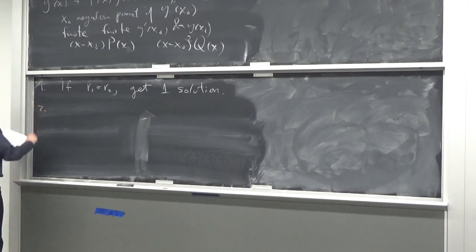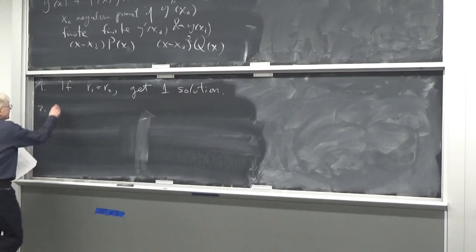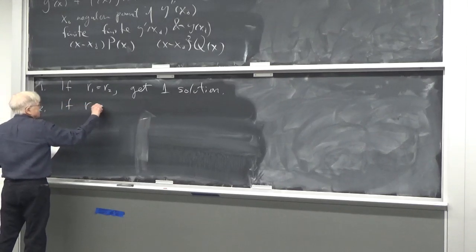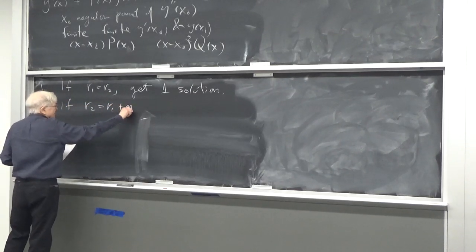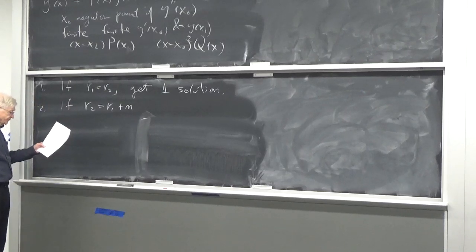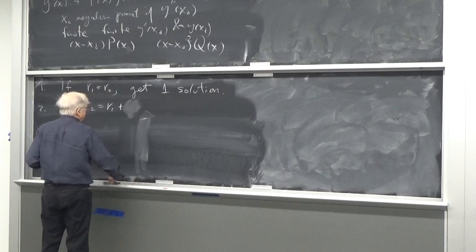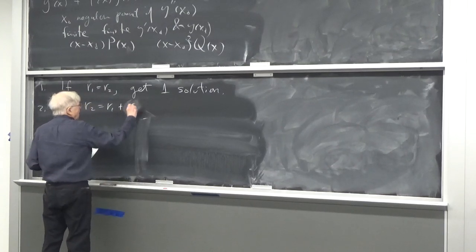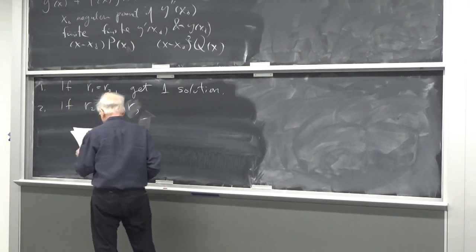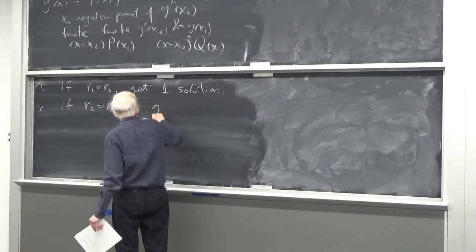The second result was that if R2 is equal to R1 plus some non-integer, some rational number, then you get 2 solutions.